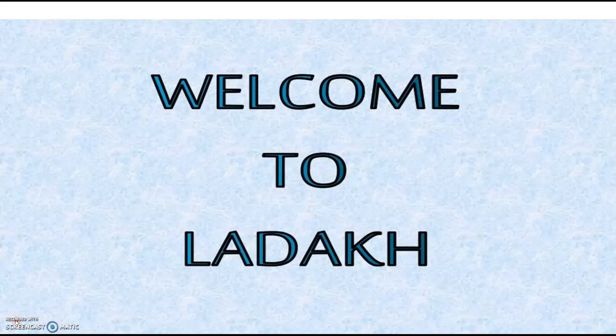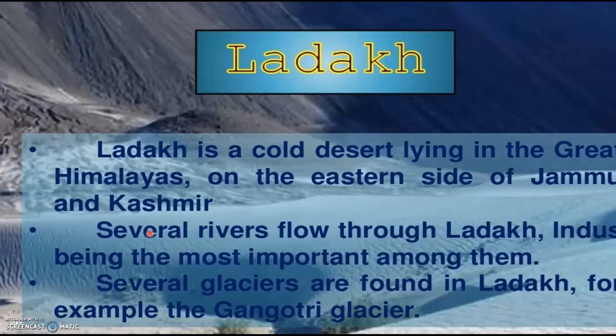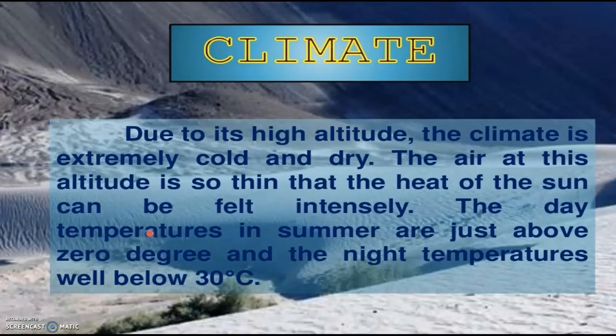Study well. Let me recollect all the topics of cold desert. Ladakh is a cold desert lying in the Great Himalayas on the eastern side of Jammu and Kashmir. Several rivers flow through Ladakh, the most important one being Indus. The most important glacier is Gangotri Glacier.